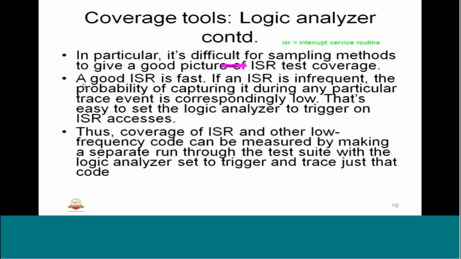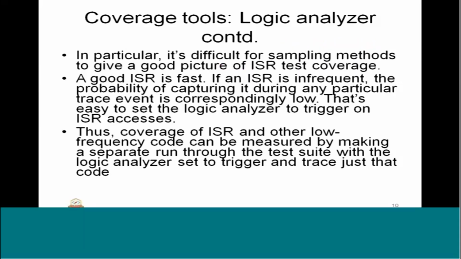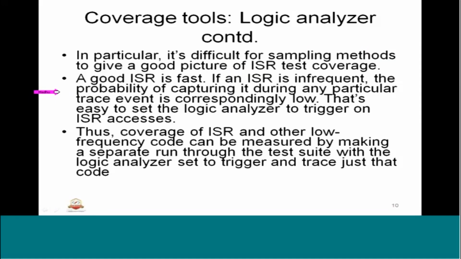A good ISR is fast, meaning the ISR has to be short and sweet. It needs to get in and come out of that routine quickly. That means it needs to do certain flag settings or certain minimum actions so that it can come out very fast. An ISR cannot be big, it cannot be complex, and it cannot afford to take more time.